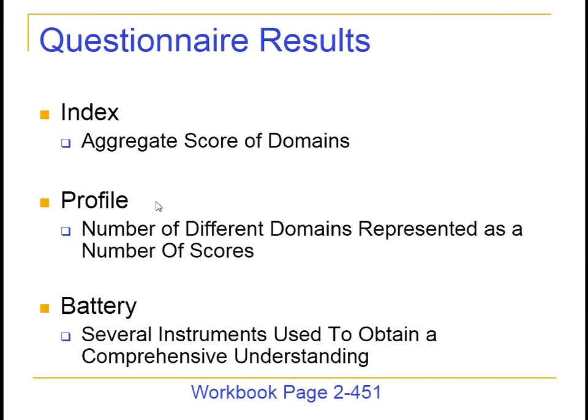And this is very useful when trying to decide what you're going to emphasize when you're doing a study or an intervention, because you can see where the biggest change in the domains are. A battery is very similar to a clinical laboratory battery in that you use several instruments to obtain the comprehensive understanding.